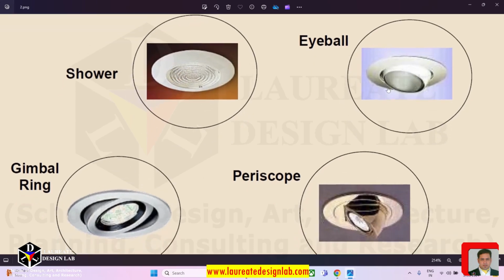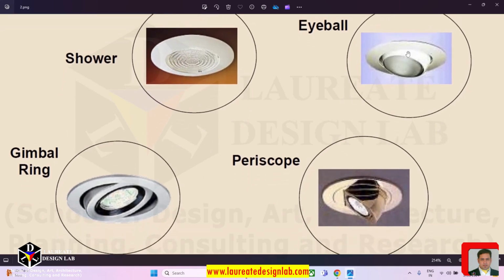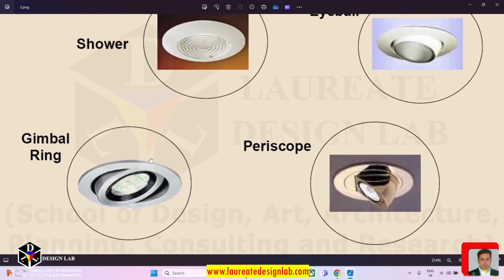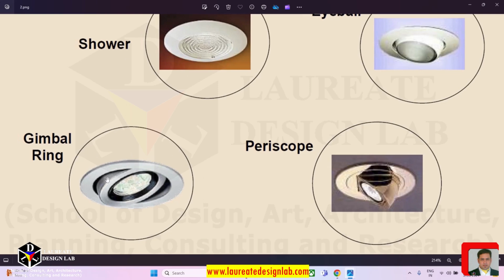Eyeball behaves like a human eyeball, which can rotate, and this has a thin encasement. At the same time, the gimbal ring is like this, wherein it has an outer perimeter, that is the trim, and an inner trim also, but this is not having a trim.